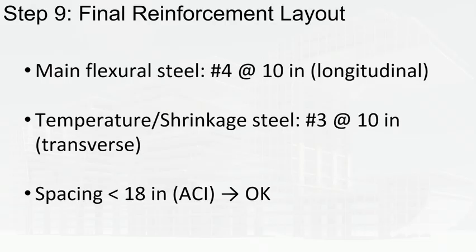So for the final reinforcement layout, we now need to sum it up. The main flexural steel we got was number 4 bars at 10 inches, and the transverse bars were number 3 at 10 inches. The spacing is less than 18 inches, so that's okay. ACI requires a maximum of 18 inches, so ours is 10 inches, which is fine.